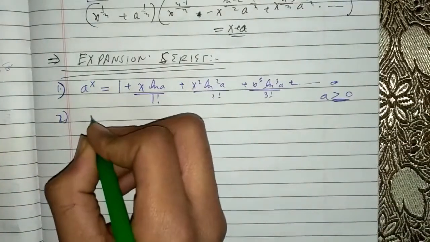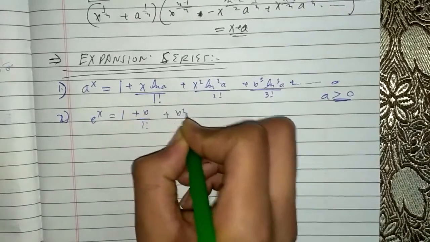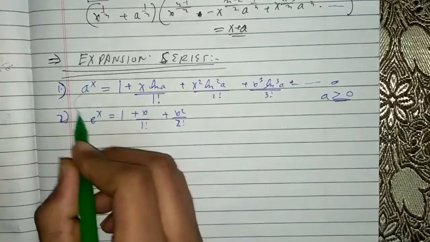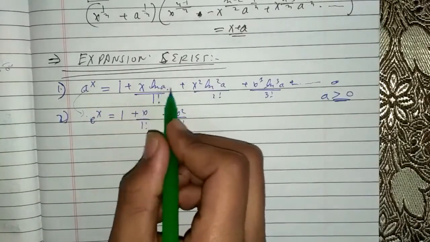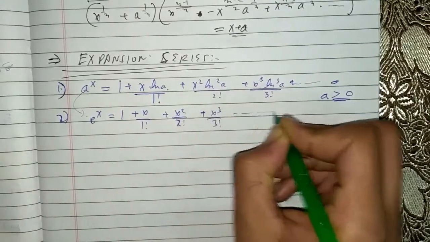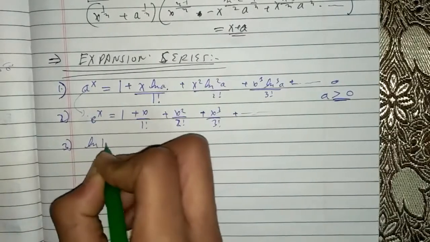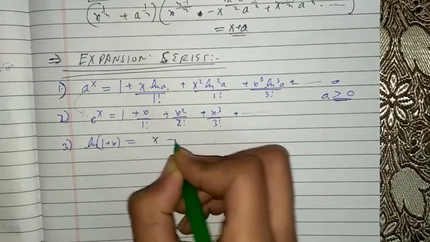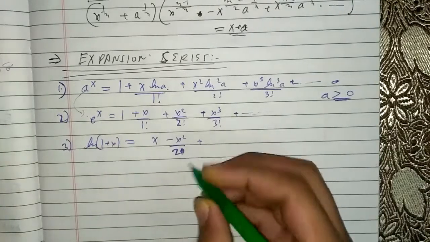Second is e power x is equal to 1 plus x upon 1 factorial plus x square by 2 factorial. You can simply substitute a as e, and ln e becomes 1, so it just becomes this series, and so on. Okay. And third is natural log of 1 plus x equal to x minus x square by 2. So it is not factorial, it is just simply 2.